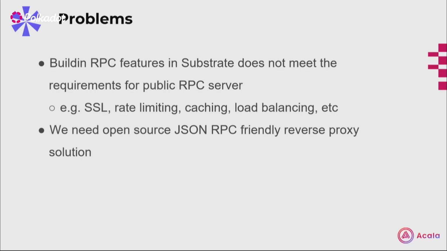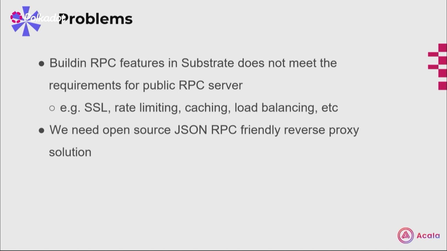And of course, there are long-term solutions like light clients, but unfortunately, they are not really production ready right now. And there are many use cases just not suitable for light clients. For example, you don't have access to archive data. So Substrate offers RPC functionality, but it's not really meant for production usage.